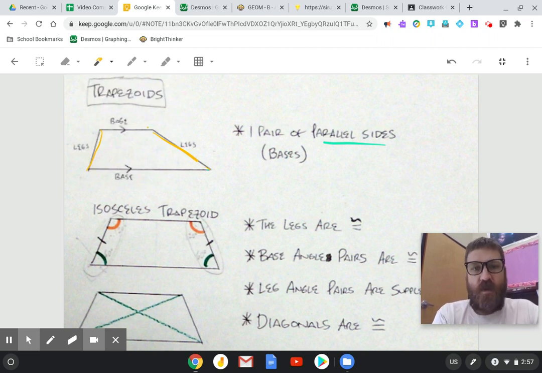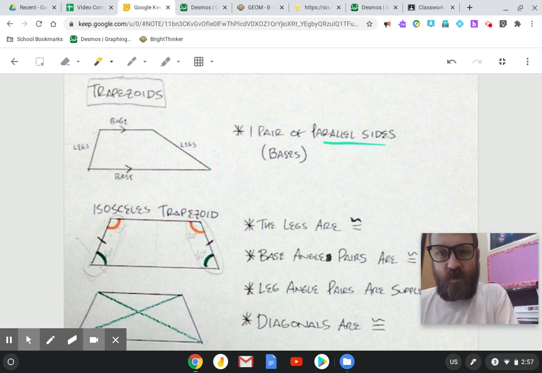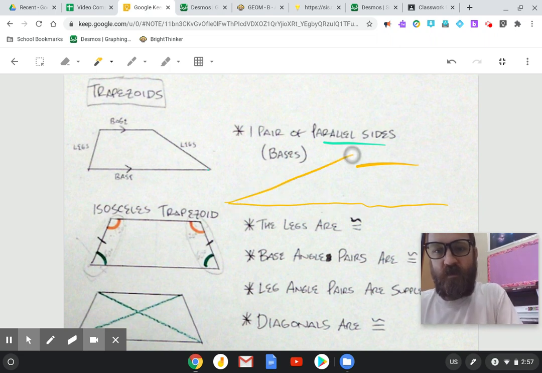So trapezoids can come in all sorts of different arrangements in terms of the way that these legs are oriented. For instance, you could have a trapezoid like something like this. It's not a very straight line, but that's okay.